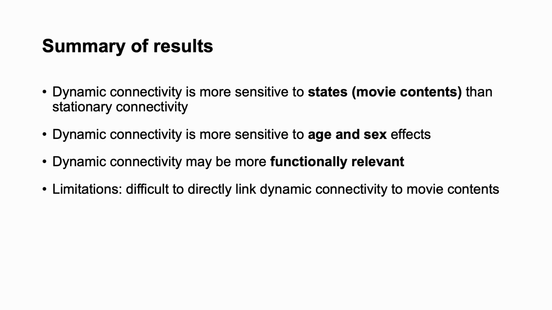Of course, another question is that if the connectivity pattern is in a specific way while watching a movie, and the resting state connectivity is not, then what does it imply?